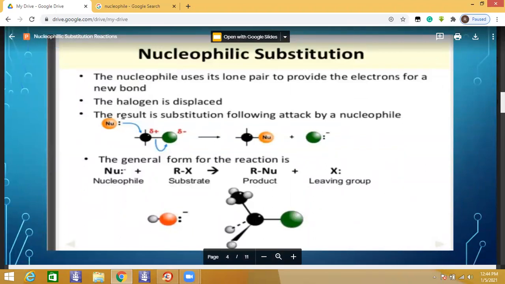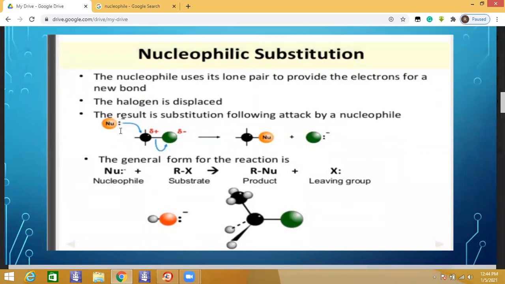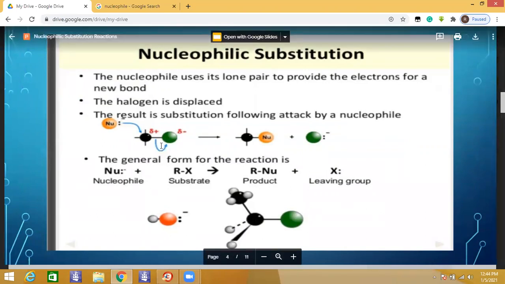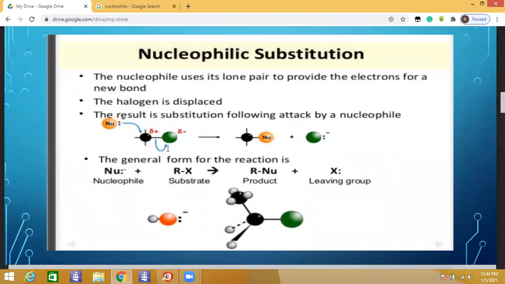In this reaction, the nucleophile is represented as Nu with a pair of electrons. It will attack this substrate molecule. The substrate is your alkyl halide. The central carbon atom is partially positively charged and the halogen atom is partially negative.